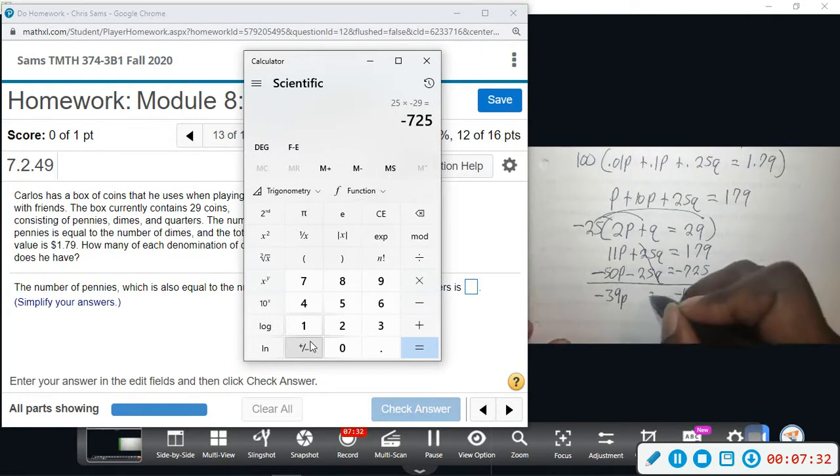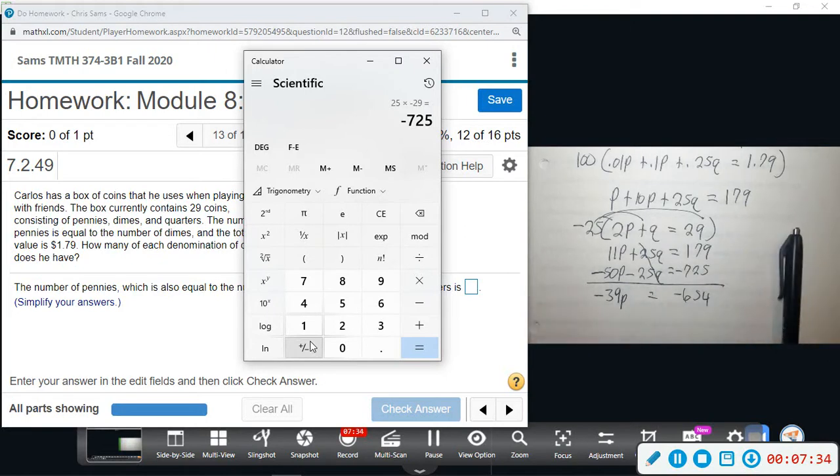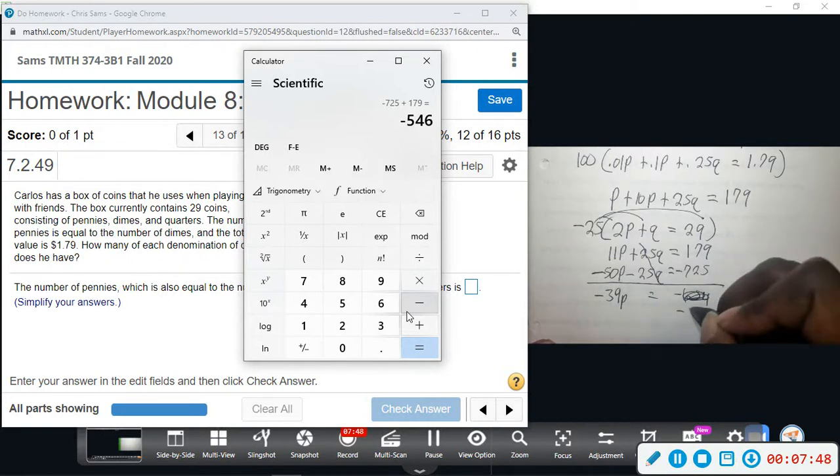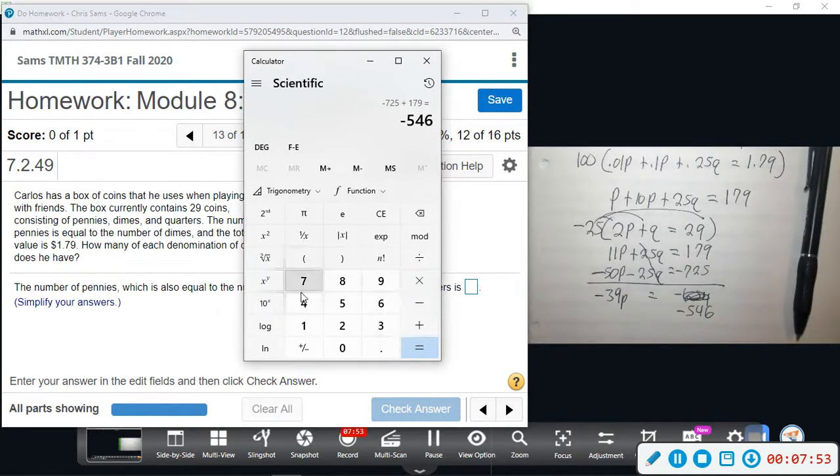Let's verify that with the calculator just to make sure. We're going to say plus 179. I messed that up, so this should be negative 546. Let's check that one more time: 725 minus 179. I know I got it backwards. 546. Okay, we're good to go.